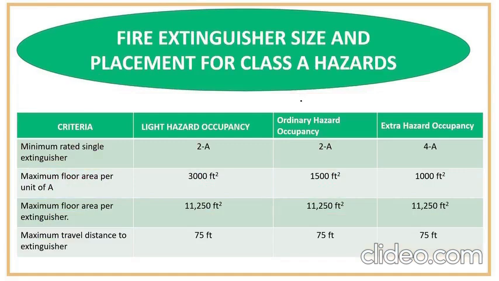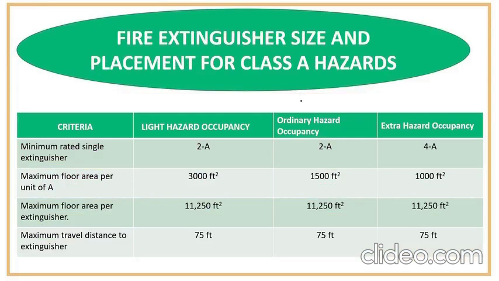Pipes user size and placement for Class A hazards. Criteria: light hazards, occupancy, ordinary hazard areas and extra hazards. So when you select the fire extinguisher, you have to consider the hazard level.